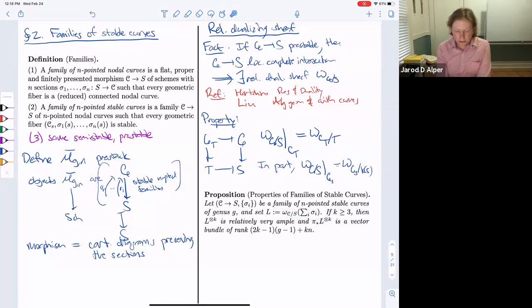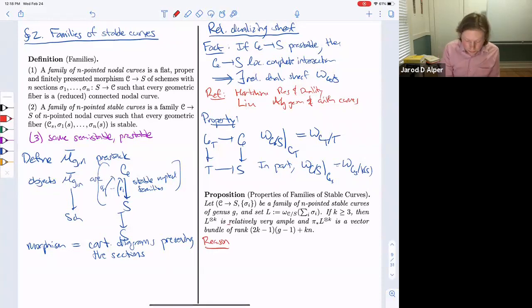So this is legitimate. Then, since k is greater than or equal to 3, the statement is that this is relatively very ample, and moreover that the pushforward is a vector bundle of a given rank. The reason this is true is the same way we prove this for smooth curves.